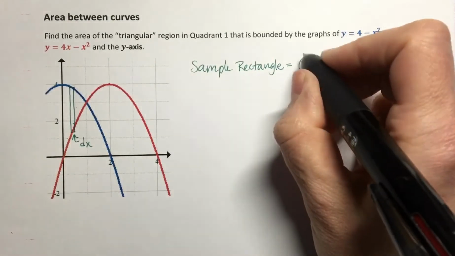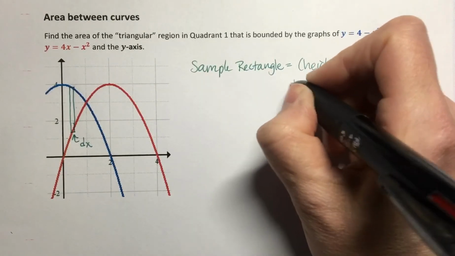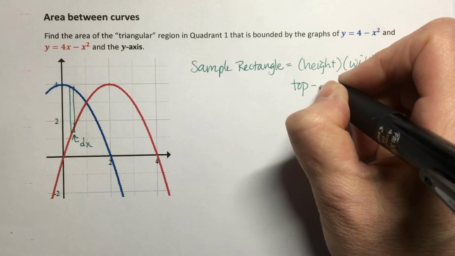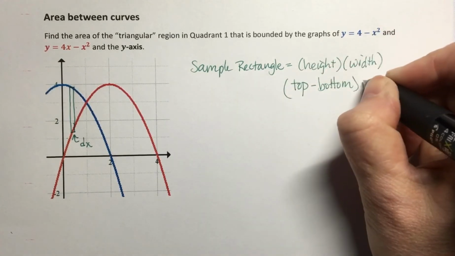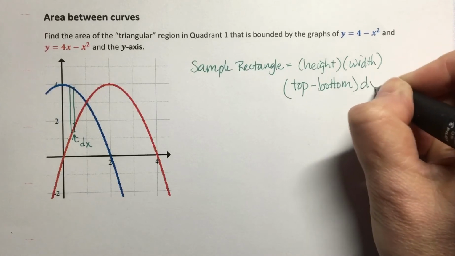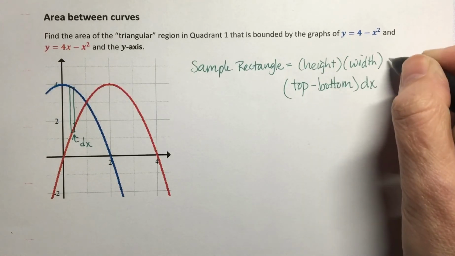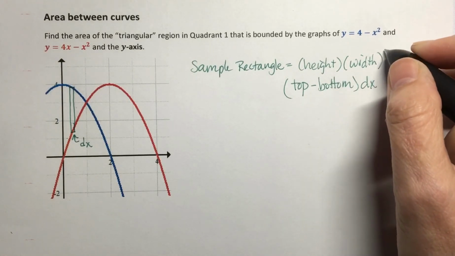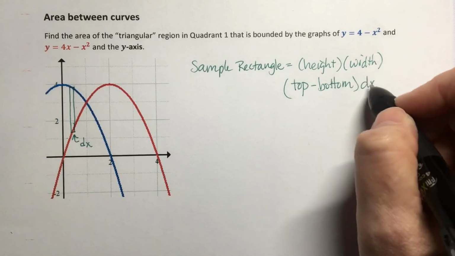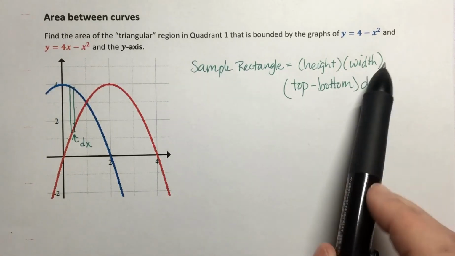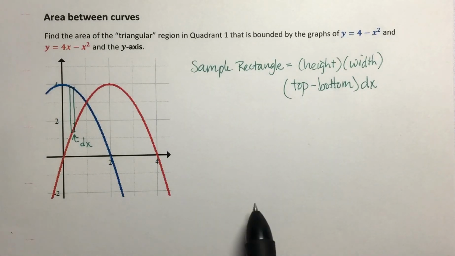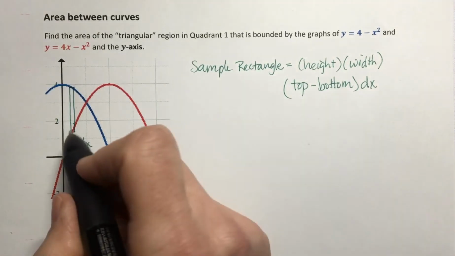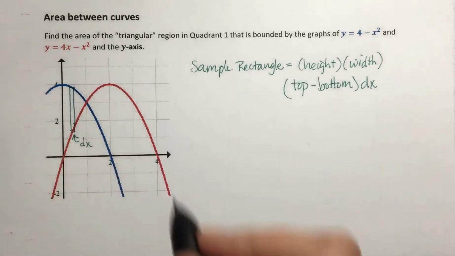The height of this one is the top minus the bottom, which means I'm talking about y values, and the width of it is, in this case, dx. By the way, in our next example, our width will be dy. So the skinny dimension of your rectangle is always a dx or a dy. If you ever have something else for your skinny dimension, you probably messed up.